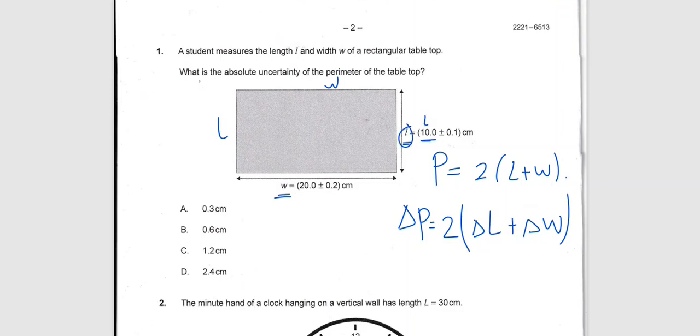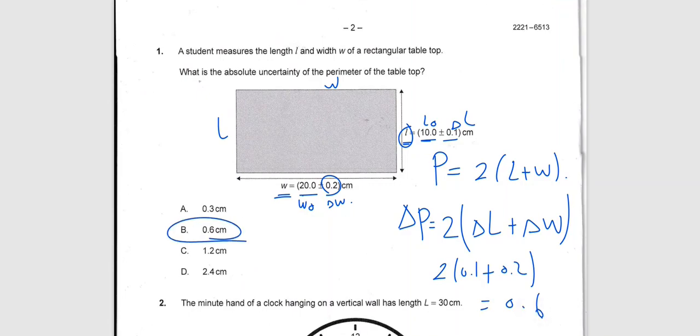This is the original length, and this one is the uncertainty part. For width, this is the original width, and this one is the uncertainty part. So delta L will be 0.1, and delta W, the uncertainty in W, is 0.2. So 2 times 0.3 will give us 0.6. So the correct answer is 0.6 centimeter.